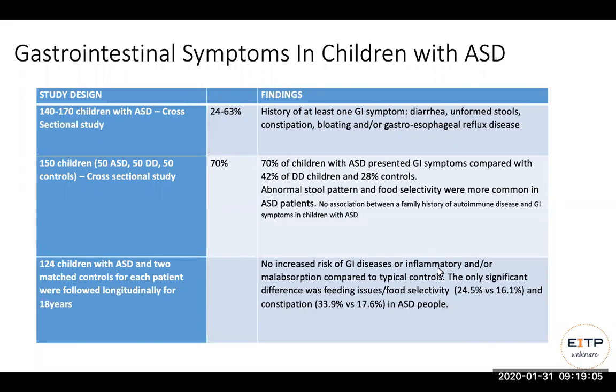But the big significant difference was issues with feeding and food selectivity, from 24.5% in people with autism versus 16.1% in typically developed individuals, and constipation. So the big ones are constipation and food selectivity.